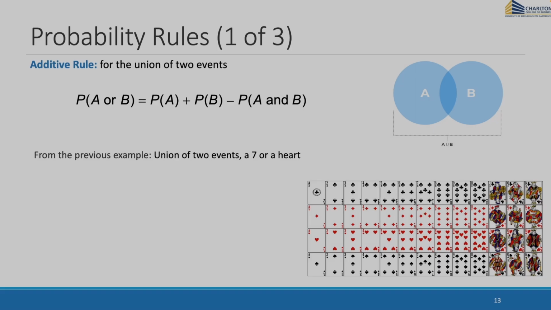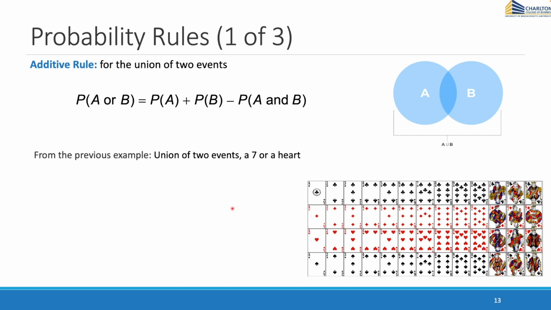Additive rule. For the union of two events, we can say that probability of A or B is the summation of probability of A and probability of B. Since we are double counting this shared area, we need to subtract one of those double counts.